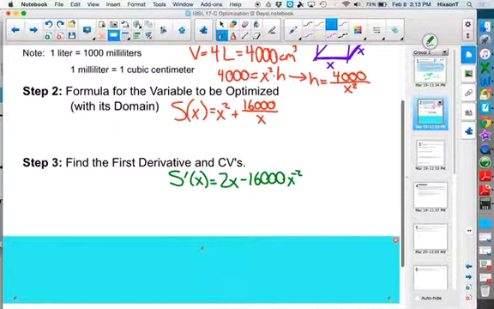So now, everyone see how we got the derivative here? Now we need the critical values. So where does this equal 0?